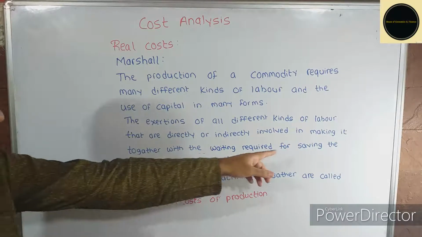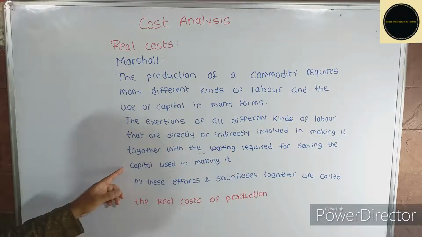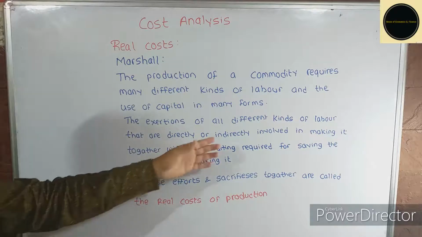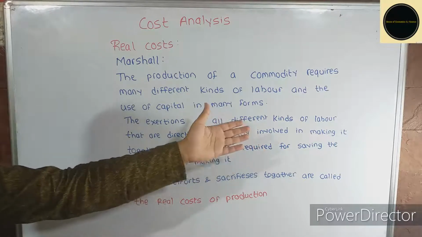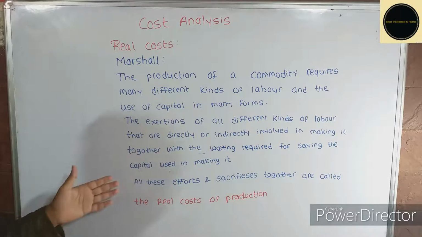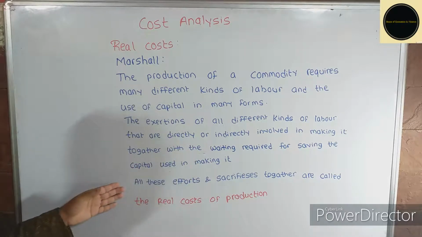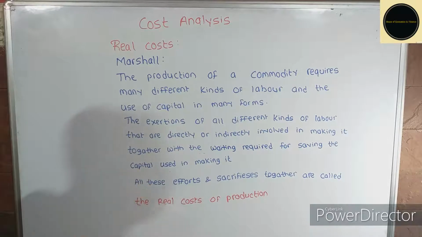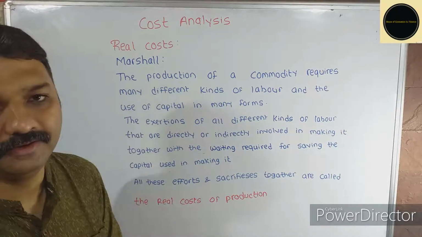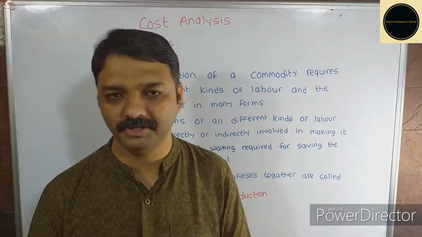That waiting required for savings is converted into capital, which is used in making that particular commodity. All these efforts and sacrifices together are called the real costs of production.